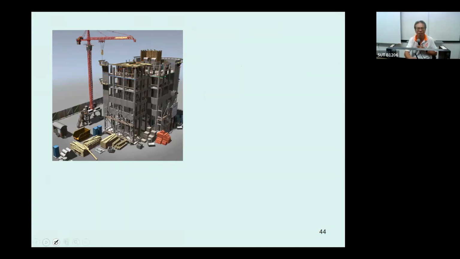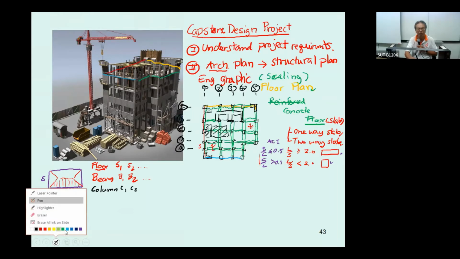For example, you go back to the floor below it over here. You do the same thing. And then you are going to do the so-called load transferring from the roof to the foundation of the building.